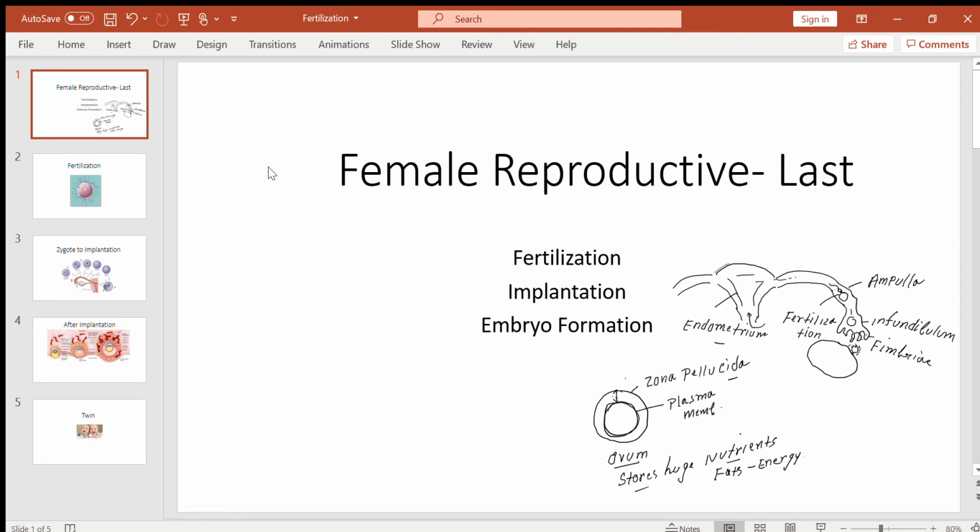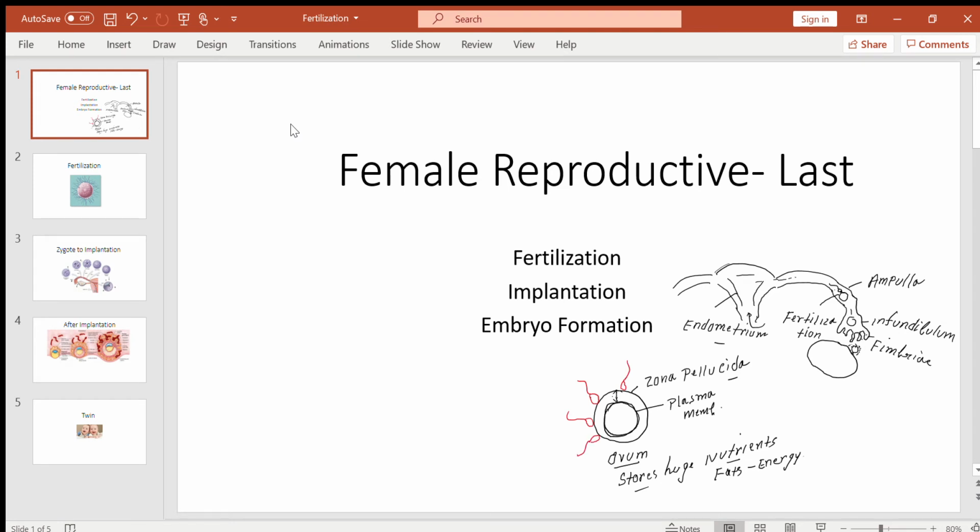Okay, so now the sperm gets attached to the egg. So this is one sperm, but many sperm at the same time get attached to the surface of the ovum.